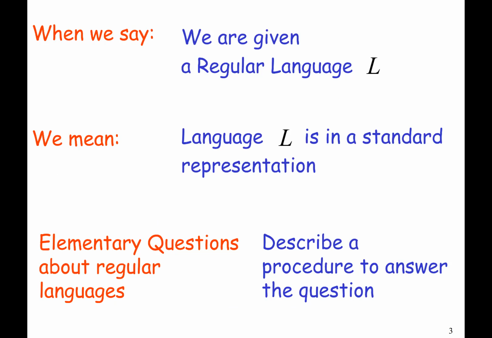For example, given a language in any of the standard representations, the elementary question could be to give an answer as a yes or a no. But we also need to give the procedure, how we arrive at the answer. So describe the logic, technique, or procedure behind answering the elementary question.